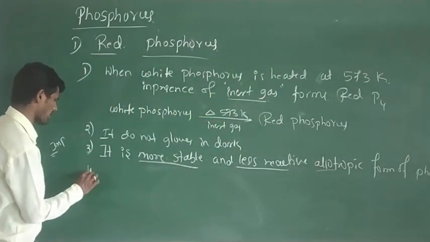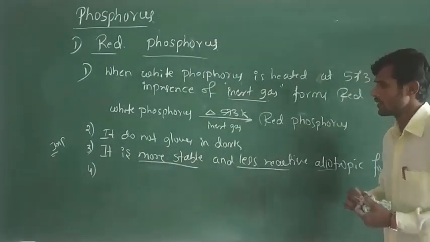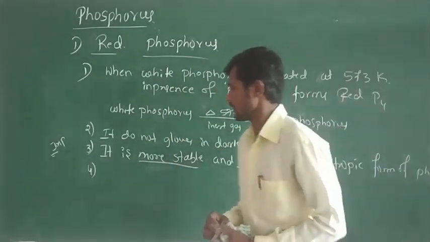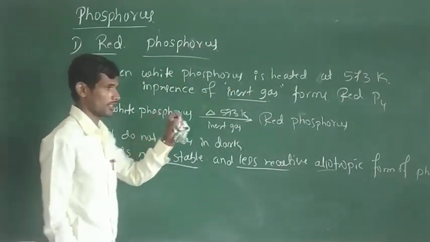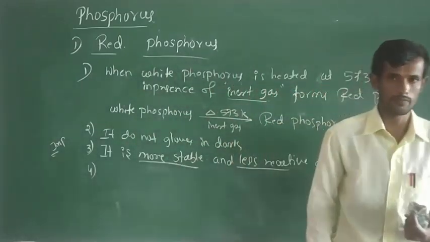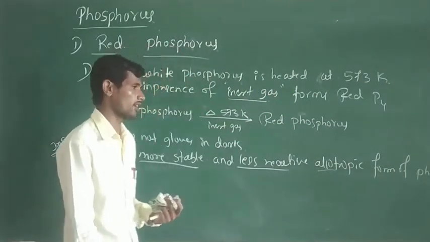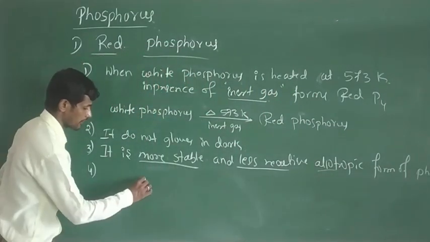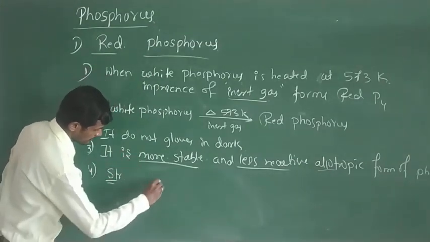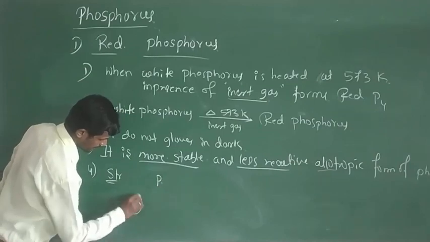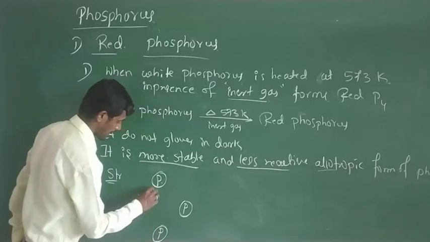Can you observe the structure of this red phosphorus? In the white phosphorus structure, P4 molecules are combined by a polymeric chain. Therefore, I write the structure of red phosphorus here. The structure of red phosphorus appears like this.